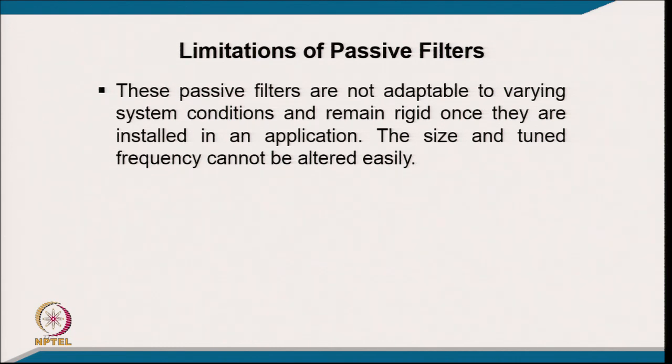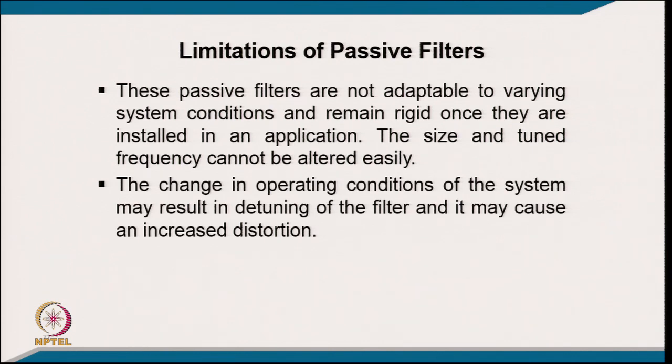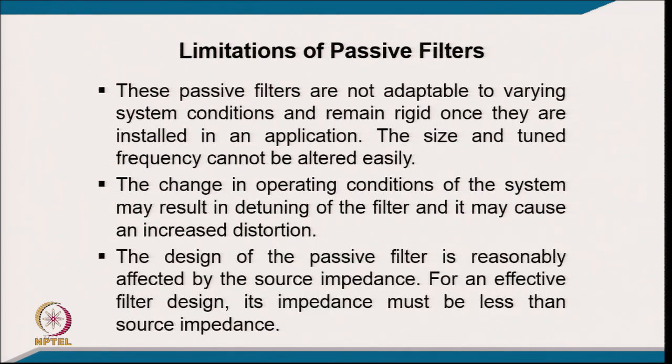Now, coming to the limitations of the passive shunt filter. The passive filters are not adaptable to varying system conditions and remain rigid once they are installed in an application. The size and tuned frequency cannot be altered easily. A change in the operating conditions of the system may result in detuning of the filter and may cause increased distortion. The design of the passive filter is reasonably affected by source impedance.